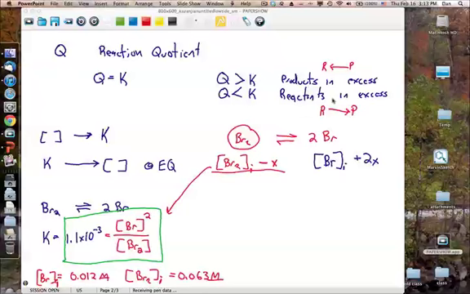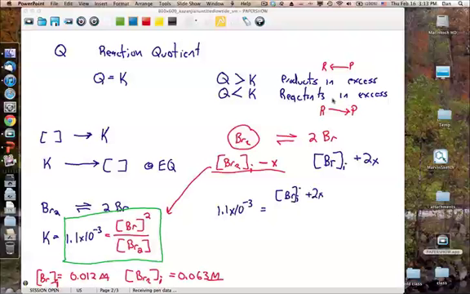So let's just plug those in, and we get the following. 1.1 times 10 to the negative third is equal to the quantity for the atomic bromine, Br initial, plus 2x.